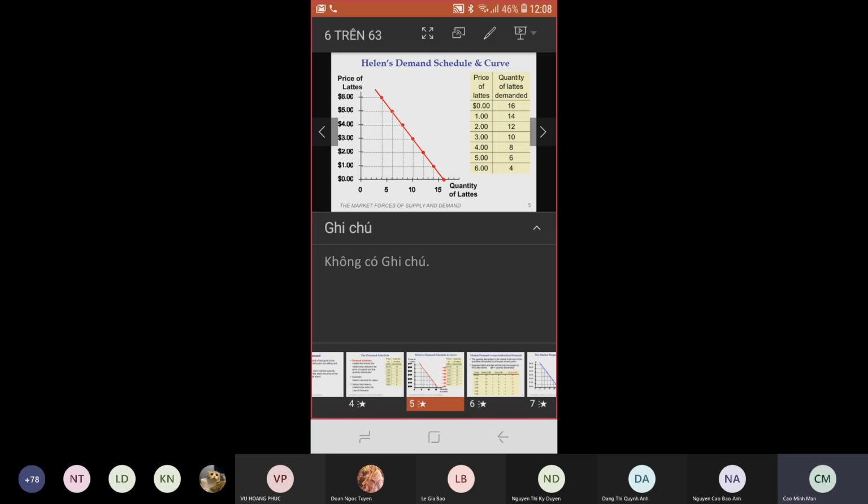And with a low price, you will see demand is high. I just showed you the way to draw a demand curve with 2 points. You have to remember. You also saw how the demand curve looks like.